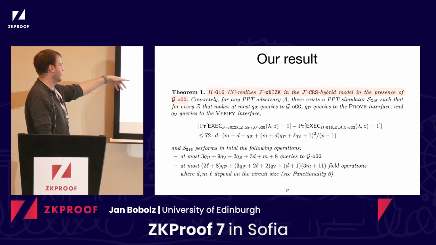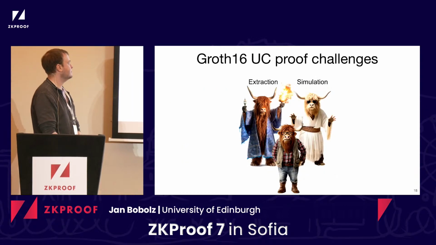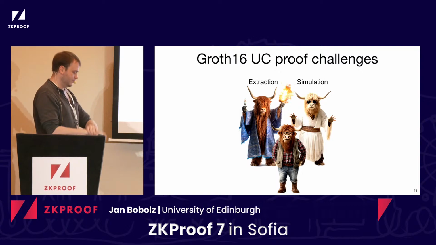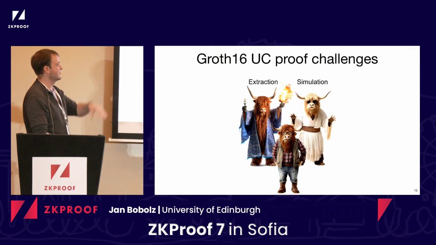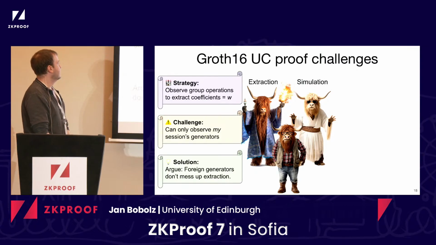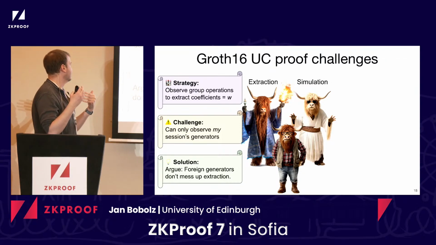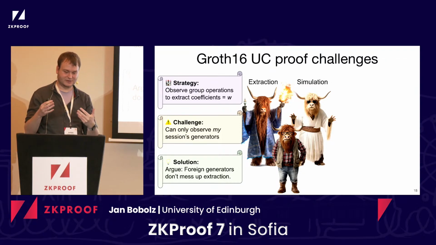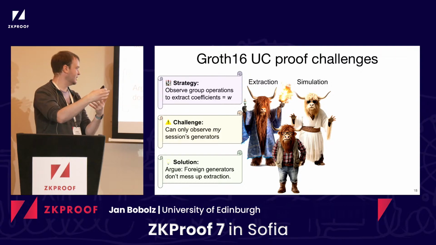We also have some concrete bounds for how many group operations there are, that is, what the loss in security is. Yeah, so this is essentially what's happening in the security proof for Groth16 for extraction. Our challenge is sort of that the only things that I can observe are everything that pertains to my session's generators.